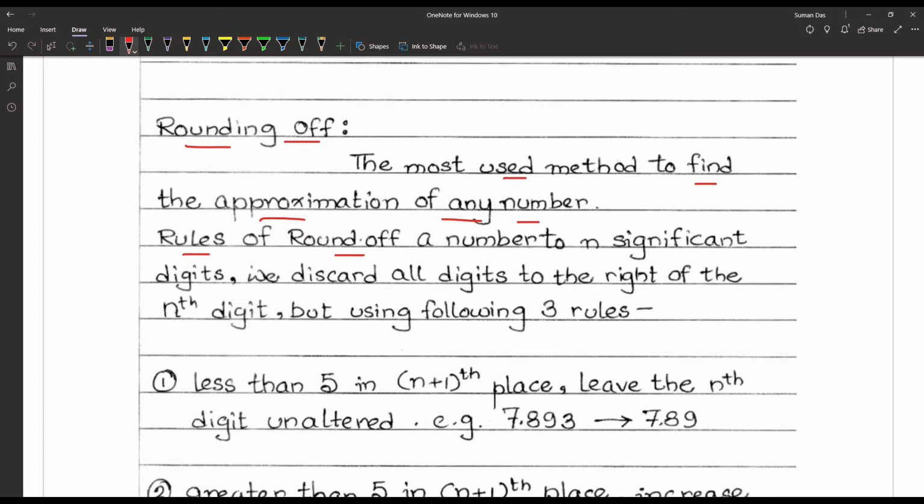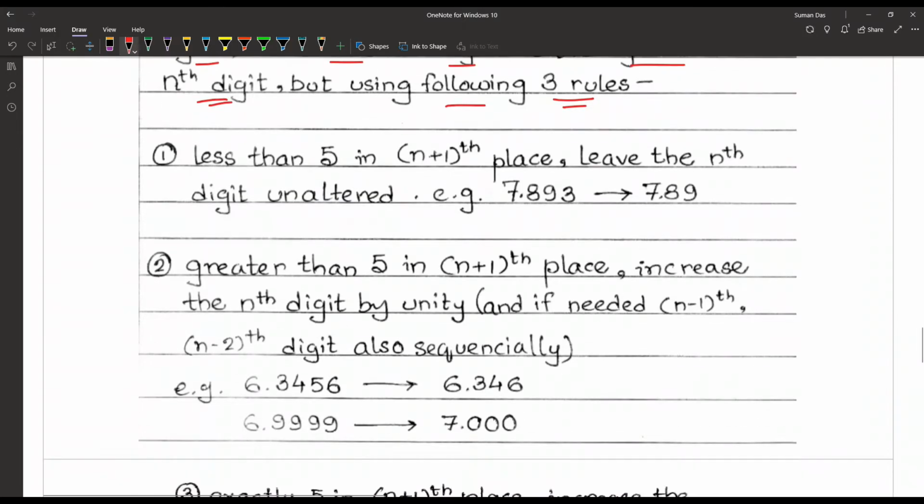The rules to round a number to n significant digits: we discard all digits to the right of the nth digit, but using the following three rules. The first one, suppose less than 5 in the n plus 1th place. So leave the nth place digit unaltered.